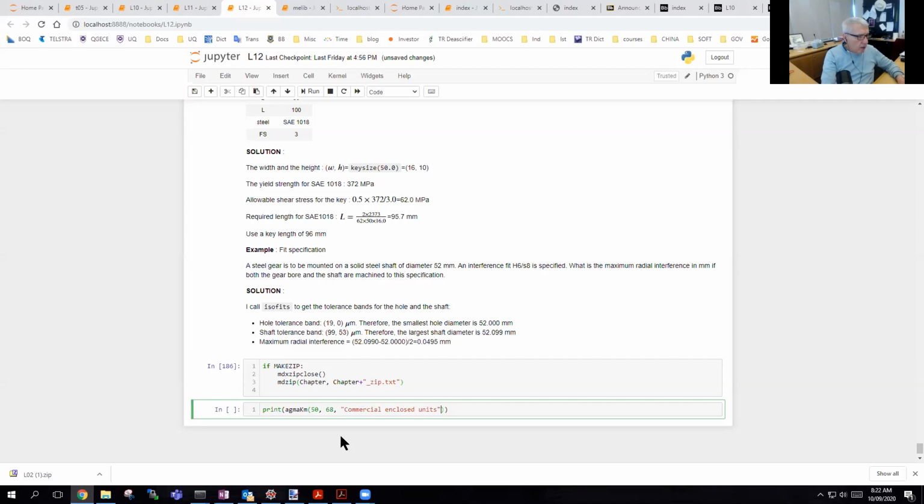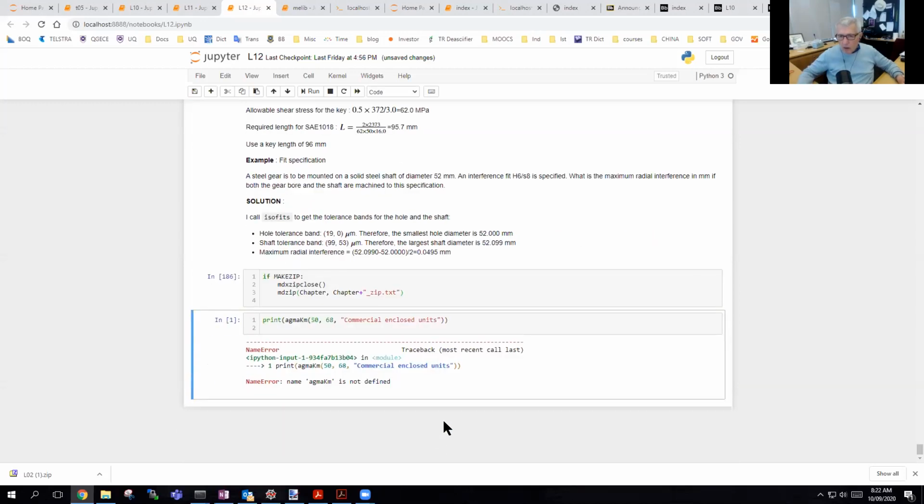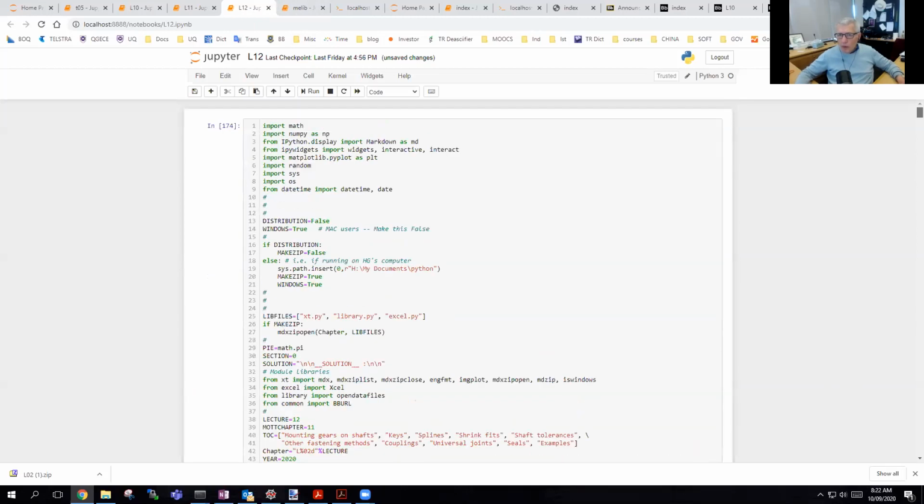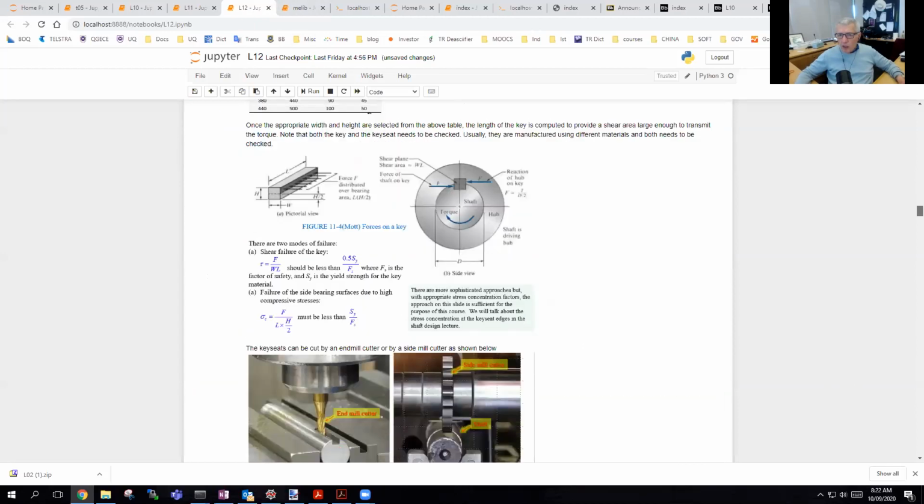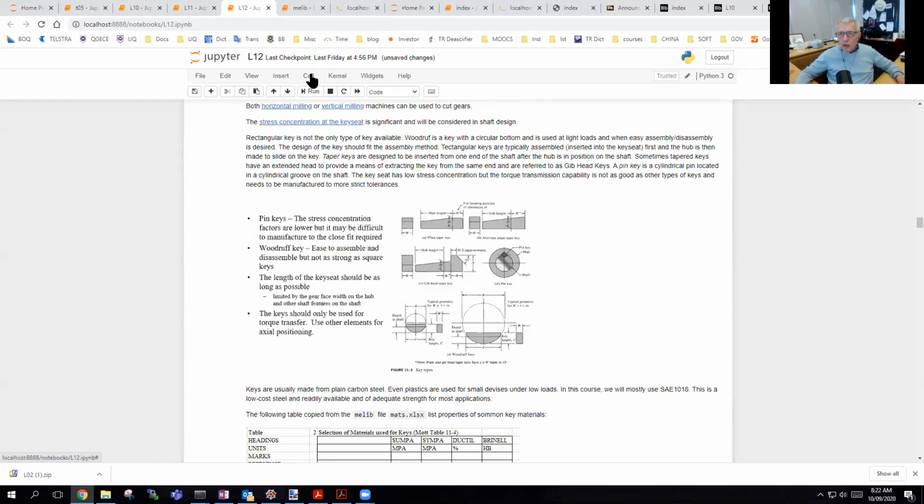I think that's all there is. Didn't work, so let's see. Let's put it here. Don't I use this function here? Probably not. Maybe I'll just run the whole thing first. This is my helical gear. No, this is keys. Okay, I didn't call it here. So let's run the whole thing first.